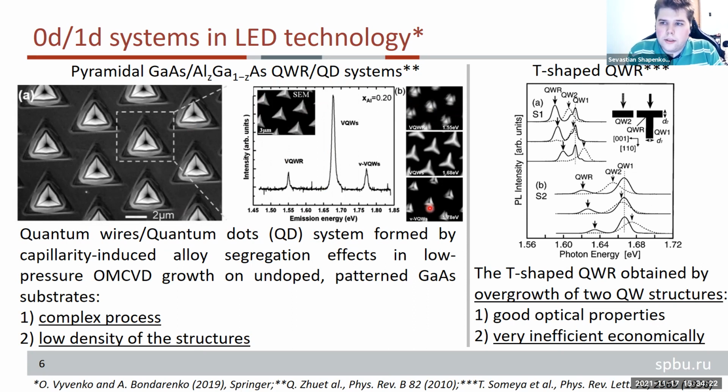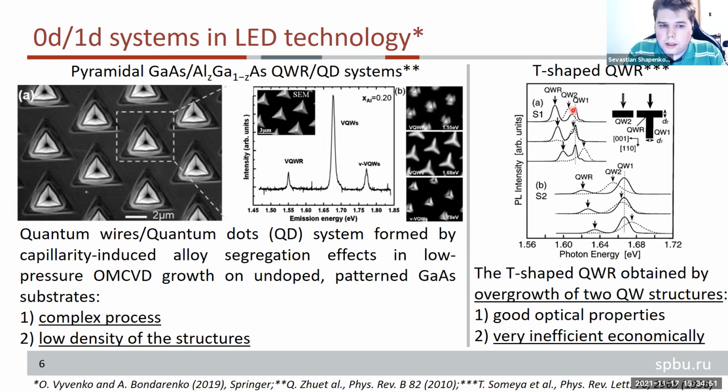But it has its downfalls. It is a rather complex process, and it also gives a low density of these structures. Another way to acquire quantum wires is overgrowth of two quantum well systems. It actually gives better quality properties, so better density of these structures, but it is also inefficient economically.